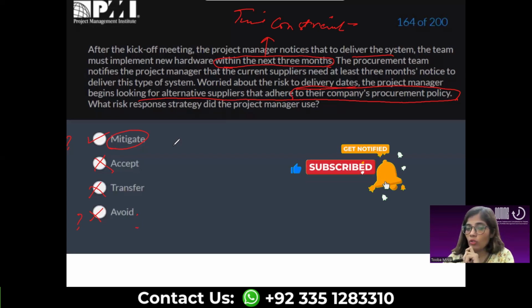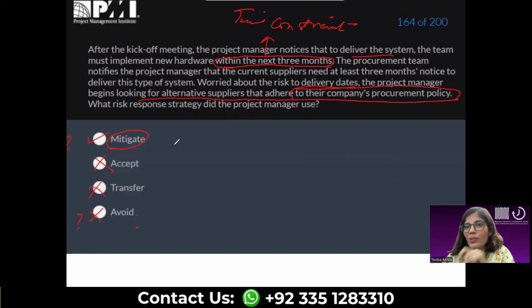There is a risk which is going to remain in that case, because those are going to be new suppliers you have not worked with earlier. So you are trying your level best to reduce the impact and probability of occurrence of this risk, which may occur due to non-compliance with company policies and delays in delivery. These are the two situations here for one scenario.